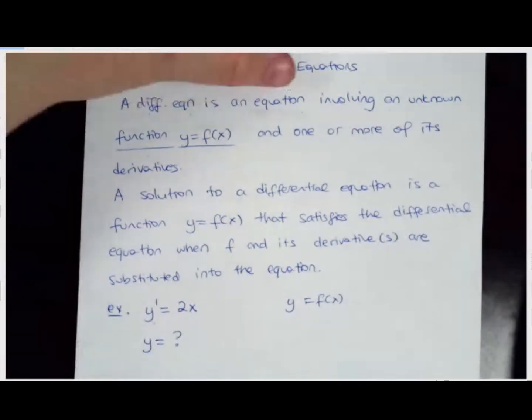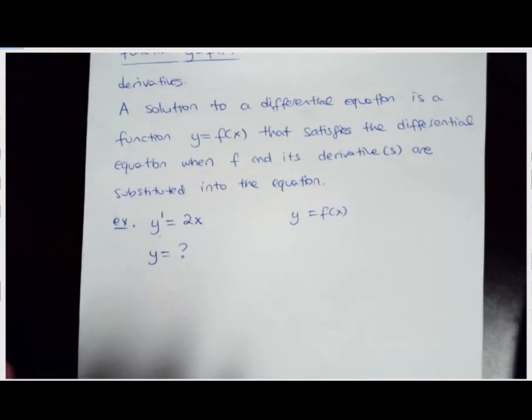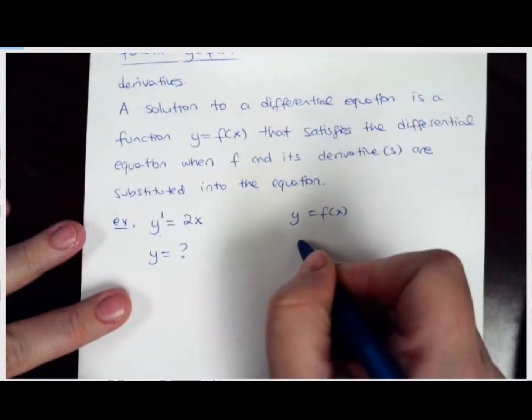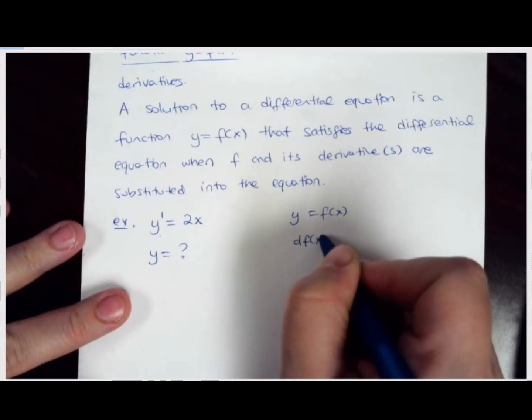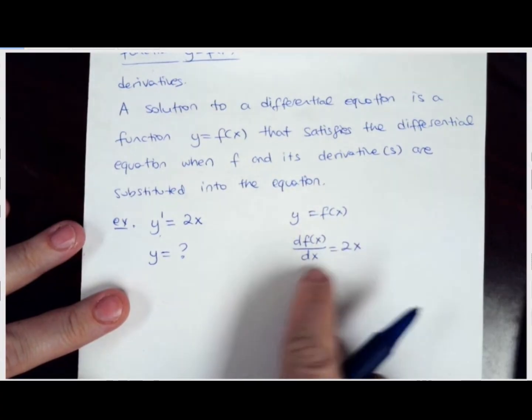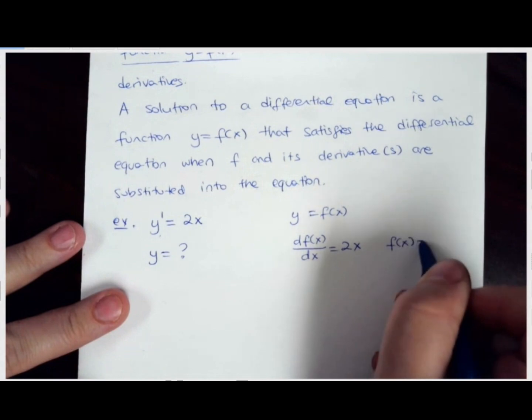Can you find the function whose derivative is equal to 2x? Another way of writing this question would be: the derivative of the function f is 2x. So what is the function f?